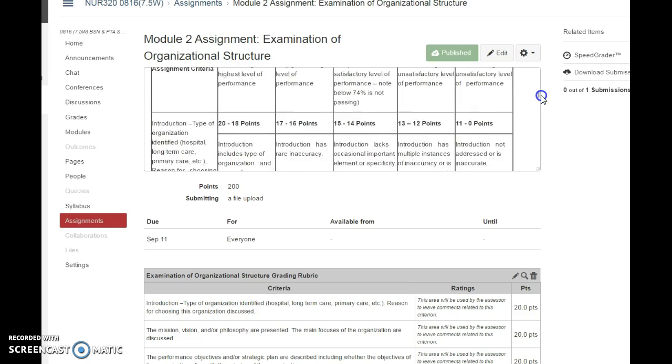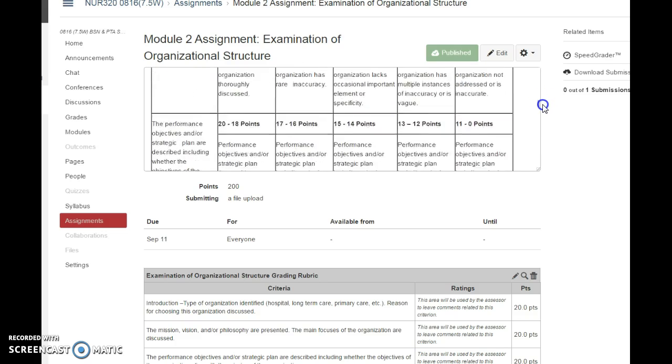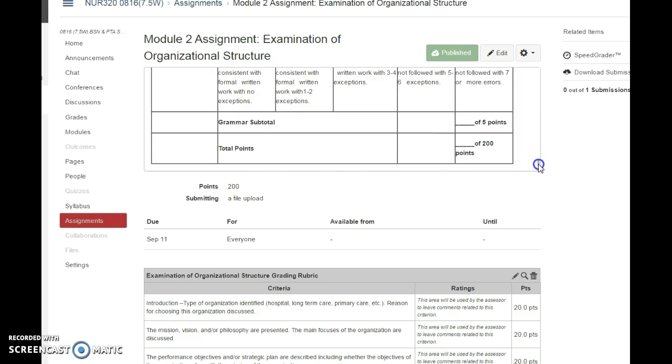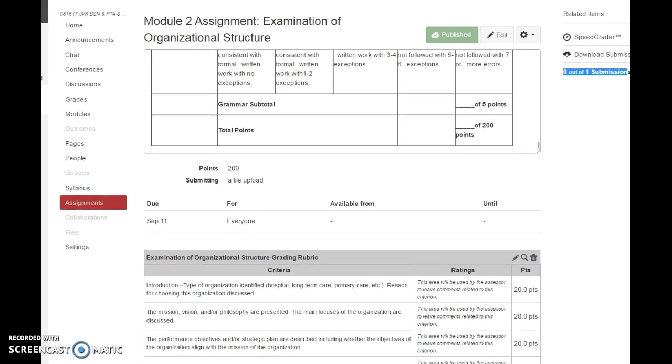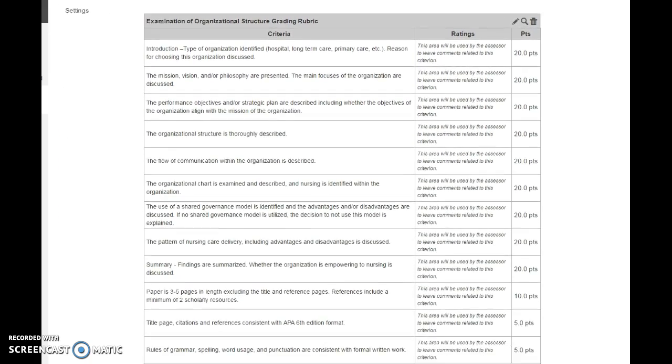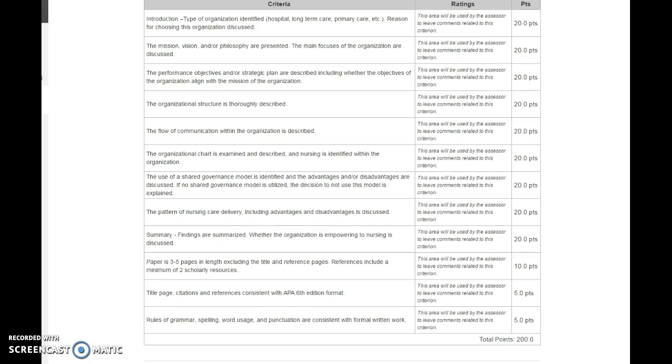So that is basically how you turn in this assignment. Think of it possibly as a place where you're going to be looking at an institution for possible employment in the future, because really these are things that you want to look at when you're thinking of your employment.